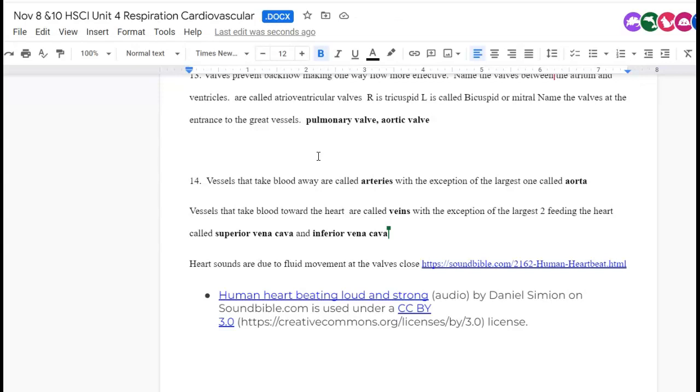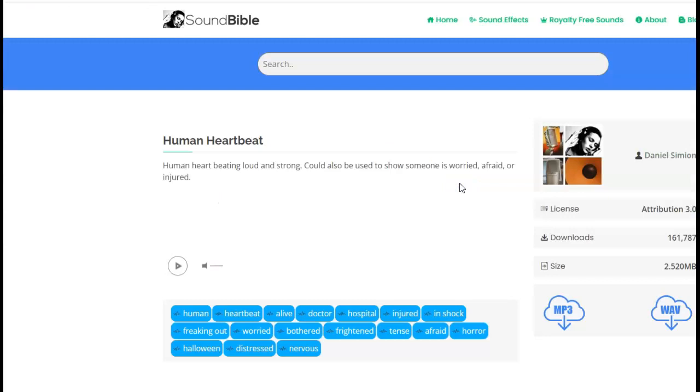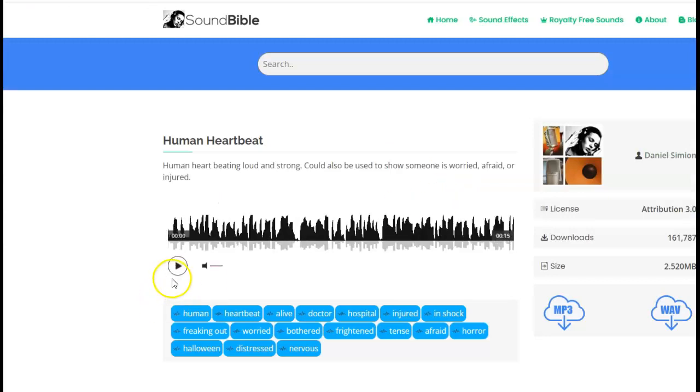Now, when the heart contracts, you get heart sounds. The heart is described by two sounds.